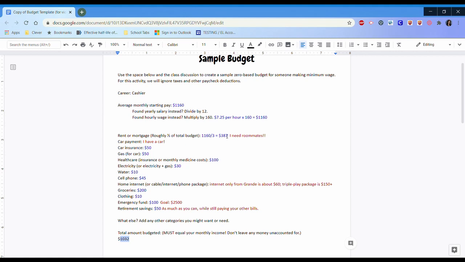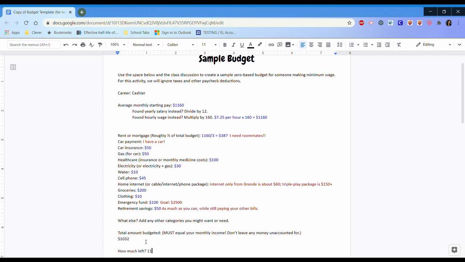So we got rent taken care of. Hopefully we have some decent roommates. And that's how much we're spending. You may want to set aside, let's see, car insurance, gas, healthcare, electricity. I think those are okay. So let's see how much we have left.